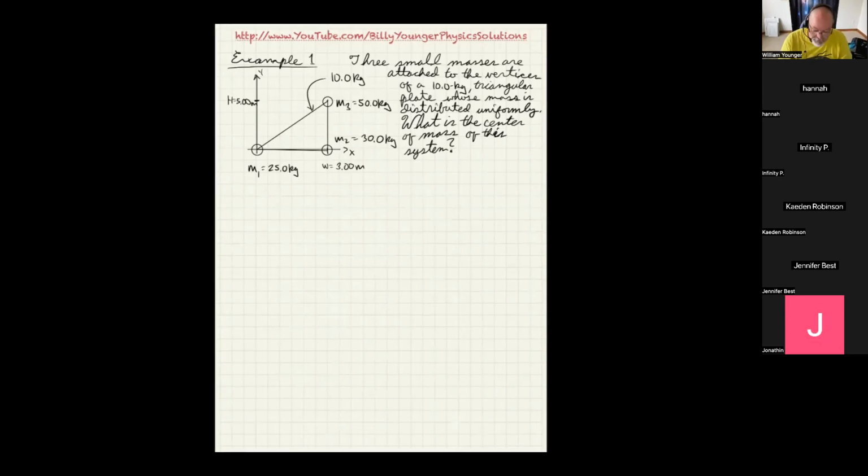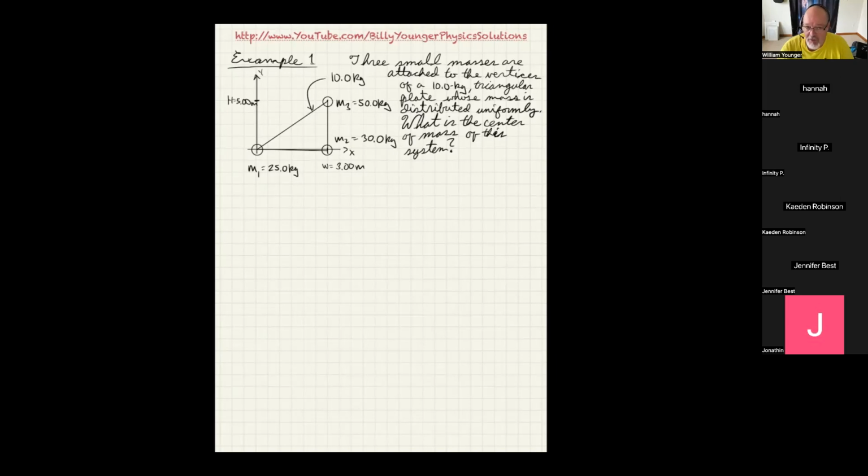One thing I'm going to make use of is a rule that I sort of derived for you already. If you take a right triangle and try to calculate its center of mass, and you want to find the x center of mass, you move either to the left or to the right because that's parallel to the x-axis. You start on the pointy part and move towards the fat part.